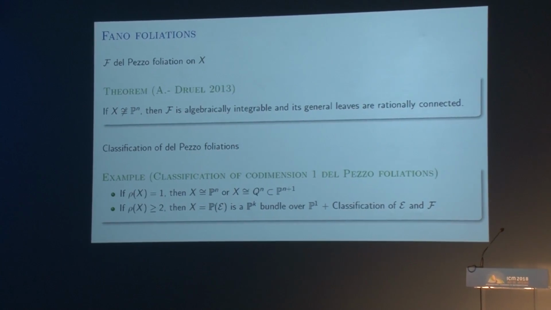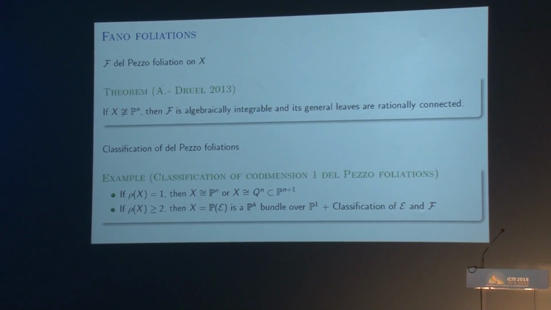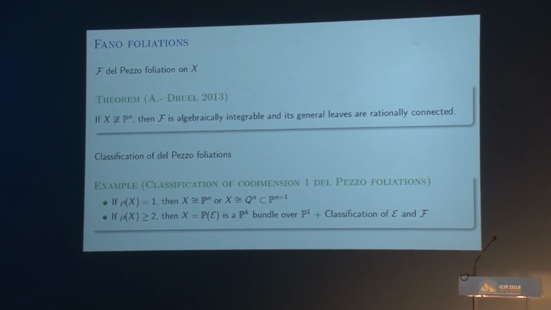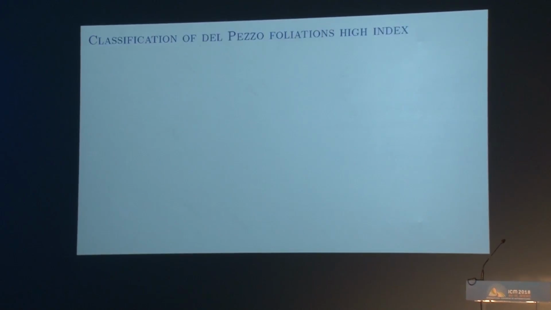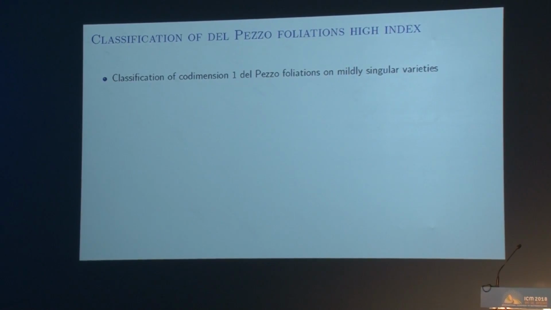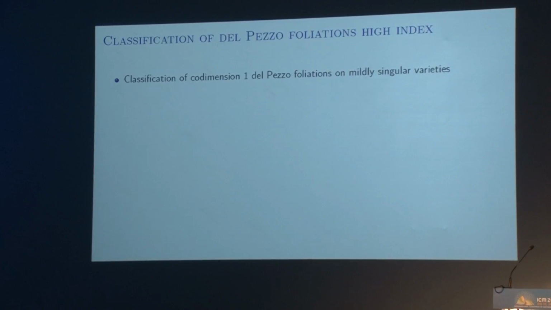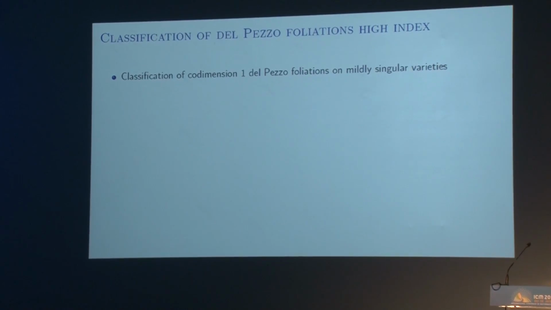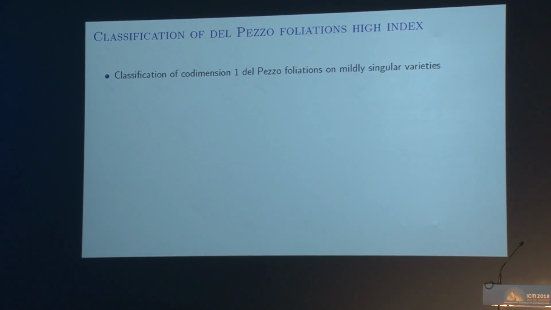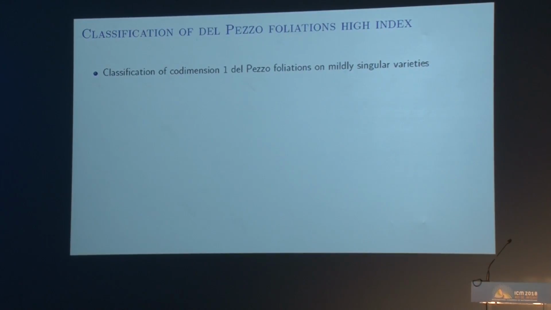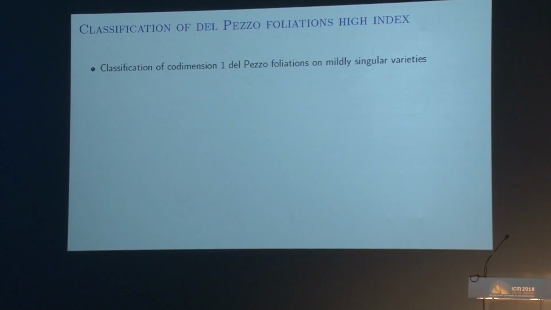Okay, so this is a sample, but in fact, we proved classification results similar to this one, going in various directions. For instance, one important point is that, as I said, for most of this talk I'm going to be talking about smooth projective varieties, but much of our theory is developed also for mildly singular projective varieties.